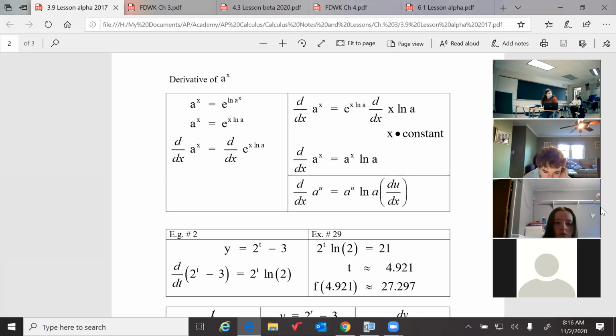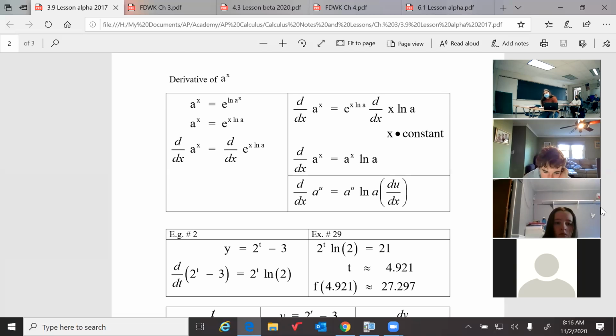That would be ln k. k equals a to the x. If you write it this way, by a property of logarithms, you can bring this x out front as a coefficient.